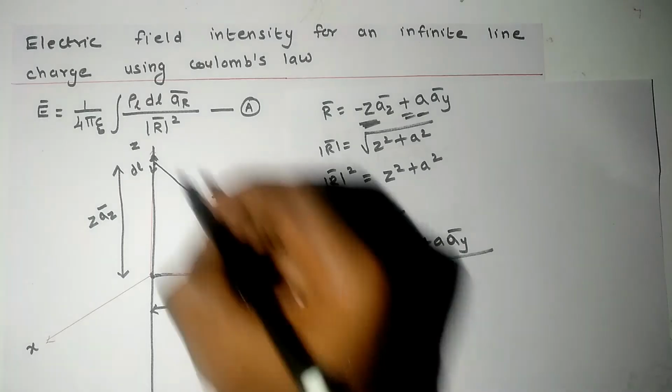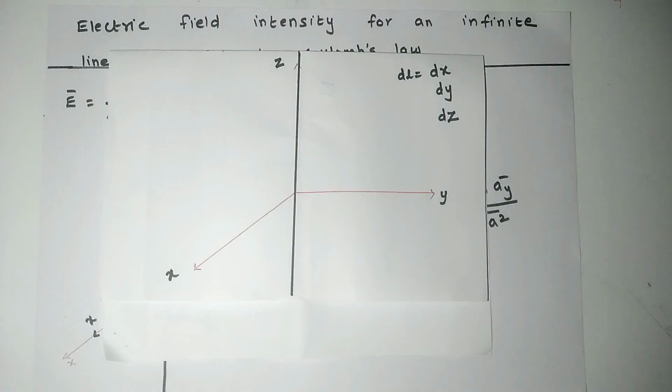Now we have to find out the value of dl. In a Cartesian coordinate system, dl can take three possible values. They are dx, dy, dz. Now we have to select one among these values depending on the type of our problem definition.